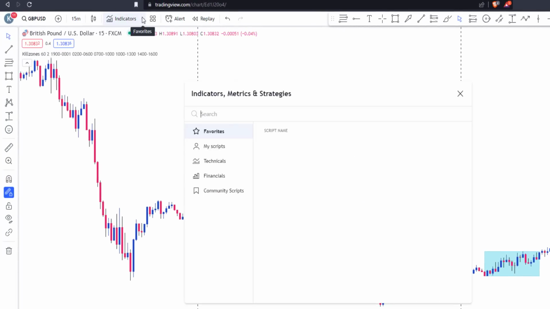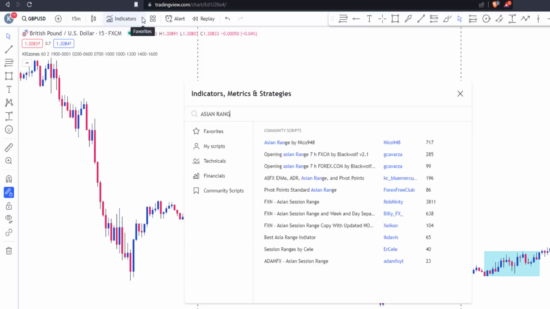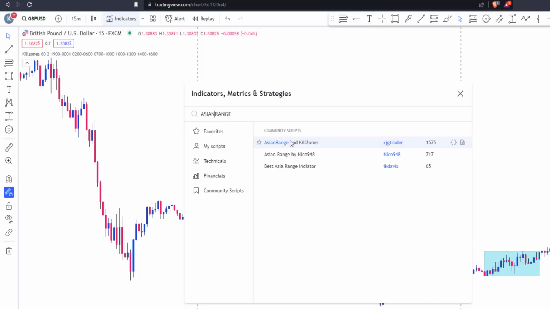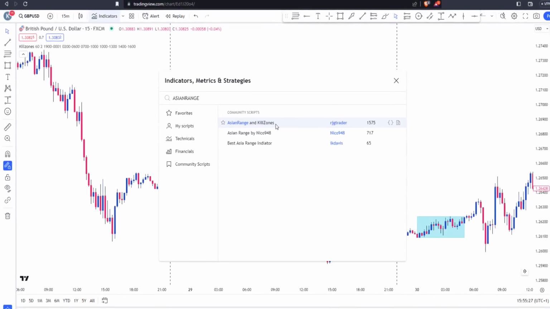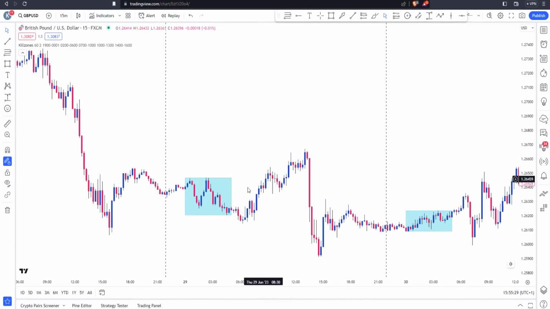Click on indicators and search for Asian range. It's supposed to be close to each other, so it's going to be Asian range and kill zones, this particular indicator by this guy. So click on it, and then this is the particular indicator that will appear on your chart. So why do we need this indicator? We simply need this indicator because we need to have a delineation of the Asian range. It is important for us to have that. That is what this indicator will do for us.